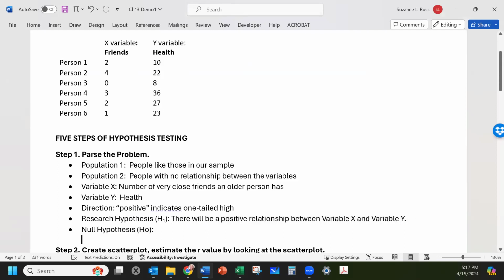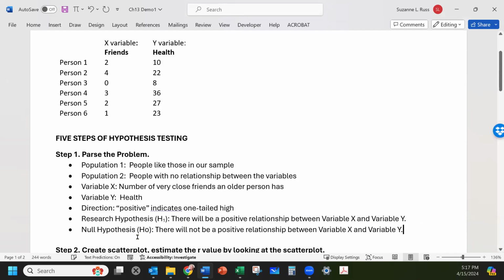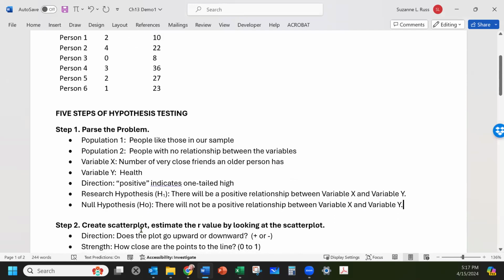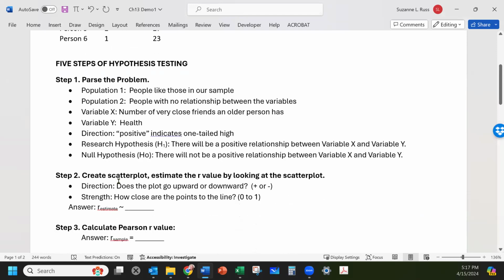There will not be a positive relationship between variable X and variable Y. You'll have seen in class the other shortcuts we can use for stating hypotheses, and you're welcome to use those too if you're comfortable.